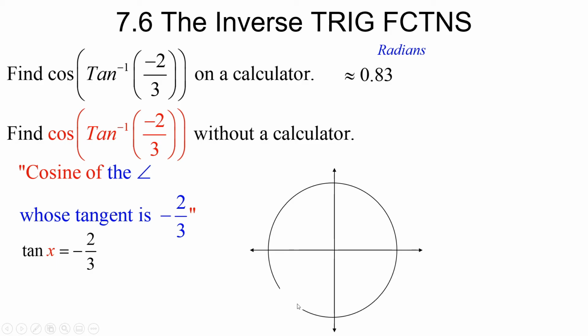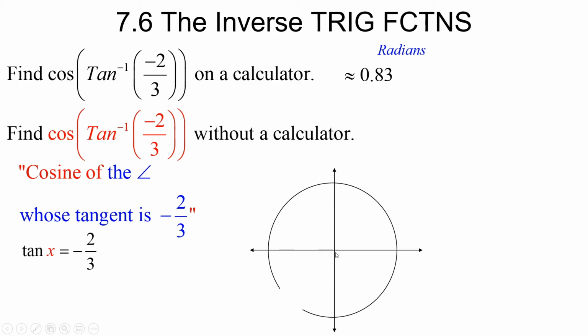Now, when is tangent negative? Well, tangent is sine over cosine, so it would have to be in quadrant 2 or quadrant 4. All right, now let's think about the restricted domain of tangent was from negative pi/2 to pi/2. So that would be one of these two quadrants.